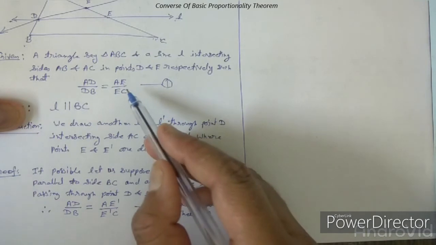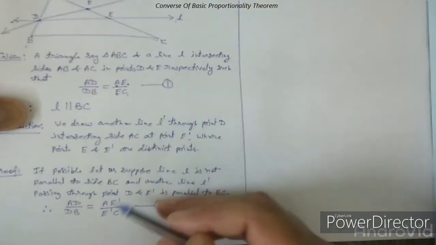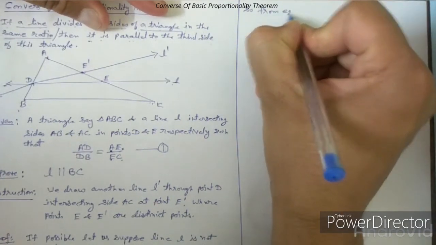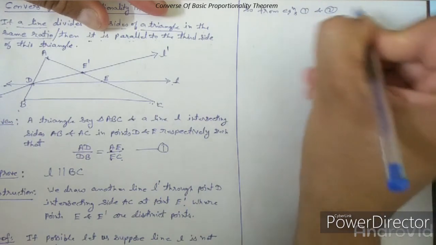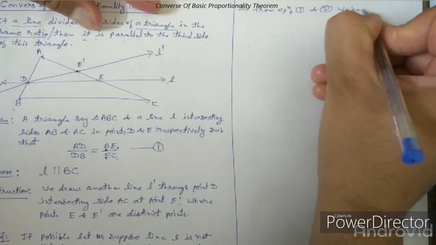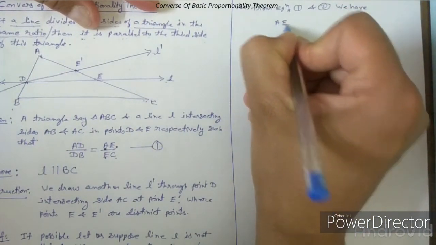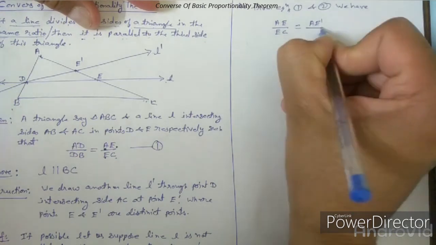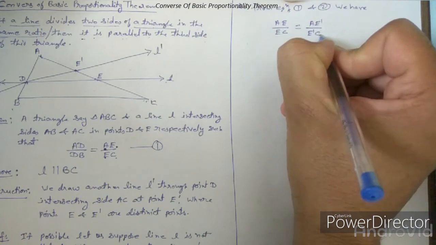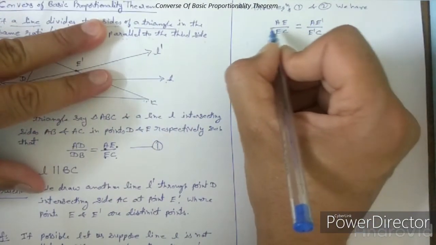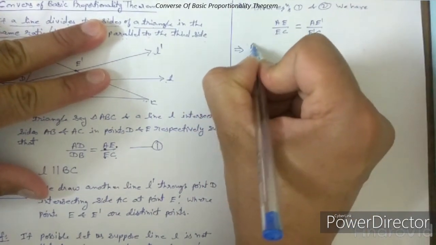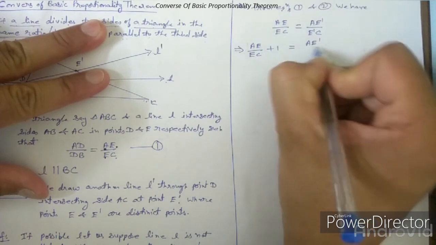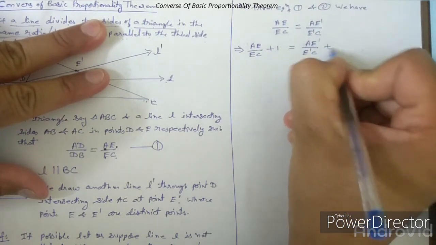Therefore, from equations 1 and 2 we have AE upon EC is equal to AE dash upon E dash C. Now adding 1 on both the sides, we will get AE upon EC plus 1 is equal to AE dash upon E dash C plus 1.